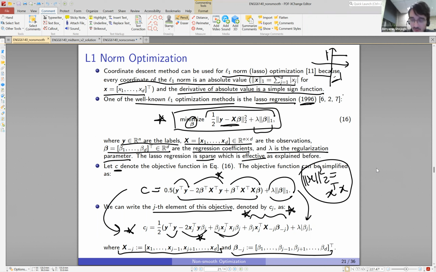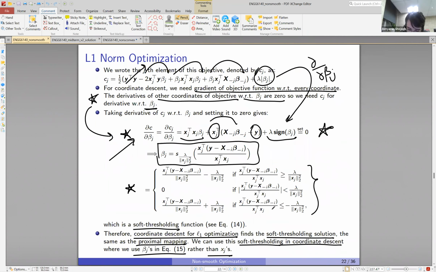Do you remember in the previous session, I had an ambiguity when I was explaining this slide in the non-smooth optimization. So when we came to slide 21 in the previous session, we had this cost function and we said, okay, let's consider the jth element of that, denoted by Cj, because we want to take the derivative with respect to Bj, and we know that we should care only about Cj because the other ones will be just constant with respect to Bj.